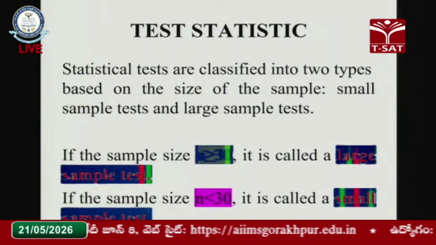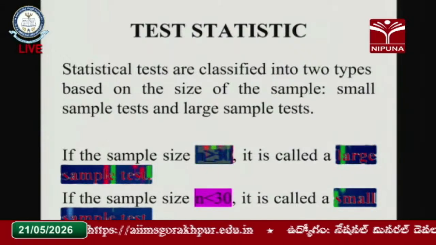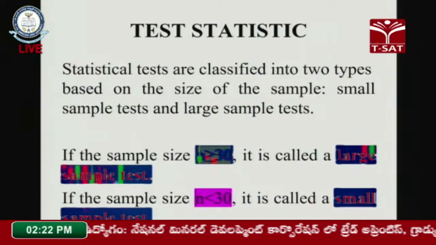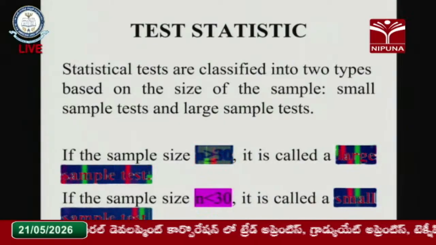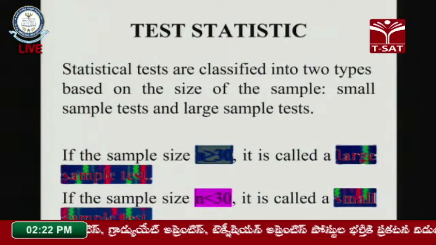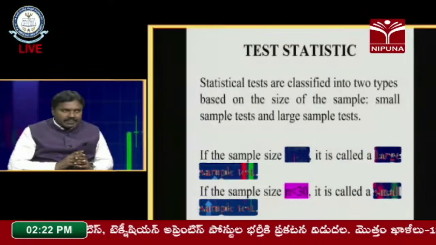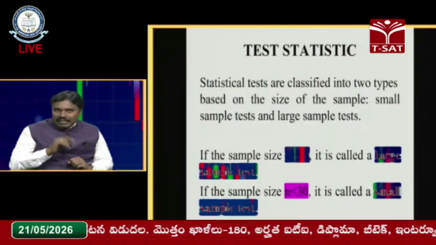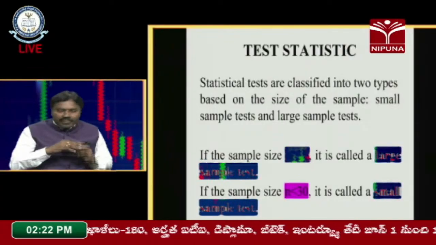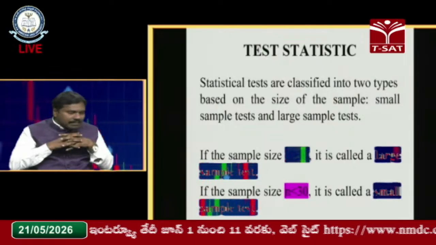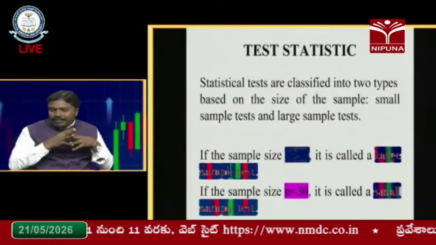Statistical tests are classified into two types based on the size of the sample. So how do we identify our test statistic based on sample size? There are two sample sizes we should know: one is small sample size, another is large sample size.